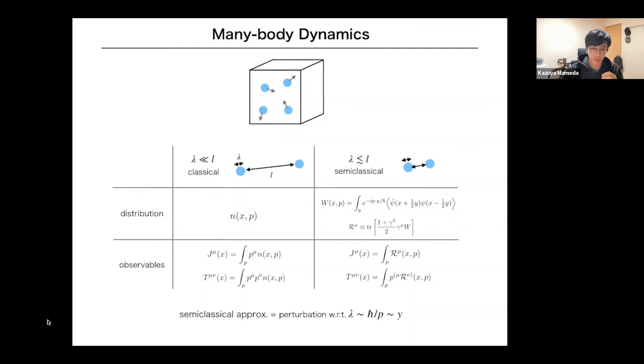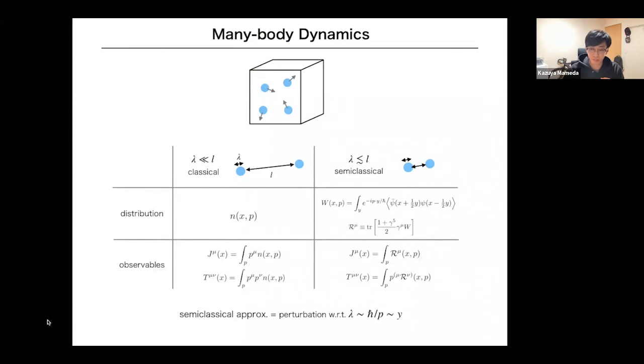If you put a very small rotational effect, and the angular velocity is very negligible compared to other scale quantities like temperature or chemical potential, then the classical description is very valid. However, if you consider some observable linear in the angular velocity, then you need to take into account the quantum correction.